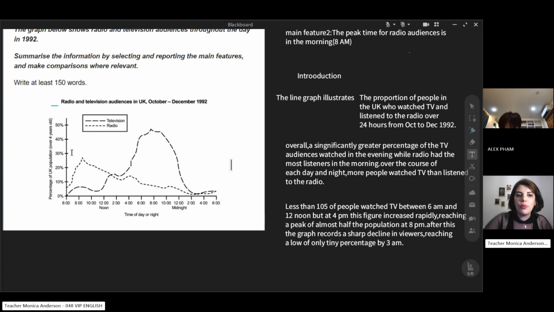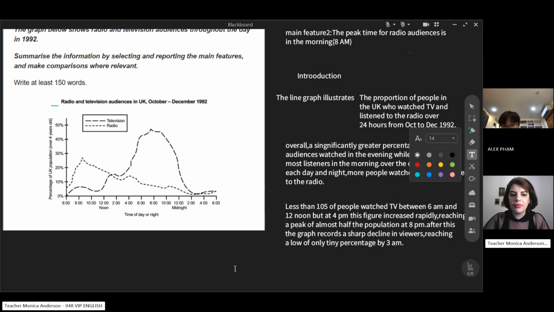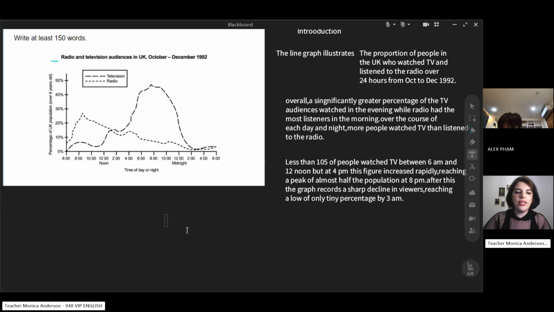So I say radio, on the other hand, shows very different. As you can see, first peak, then fall. These two are really different. This one is really different from this one. Do you agree? So let's write. Radio, on the other hand, because they are not the same and I want to make a comparison, shows a very different trend.